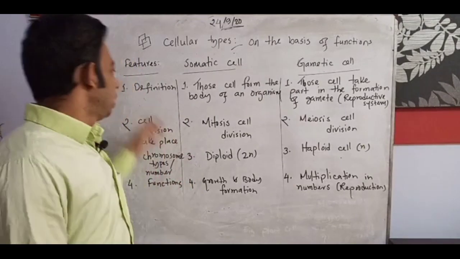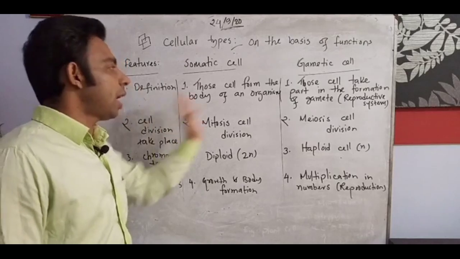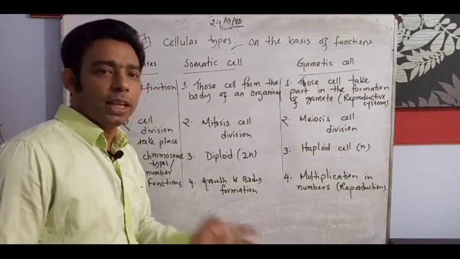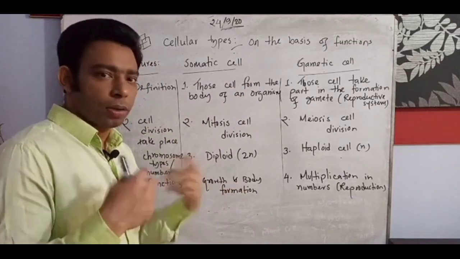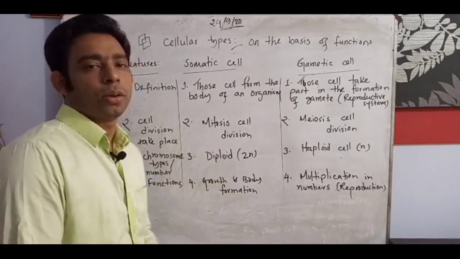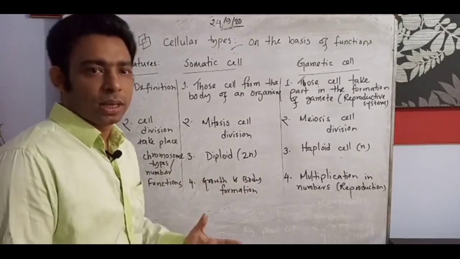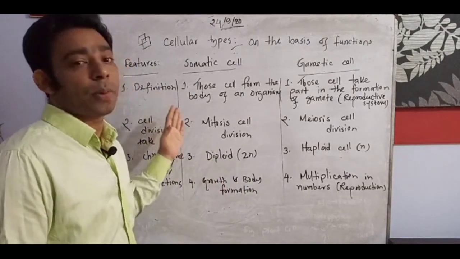Number 1, you just write the features. If you remember the features, the other part will automatically come out from your mind, so it will be easy. And the next one is the teacher who will check your copy will be impressed. Yes, this is the modern system of writing difference.